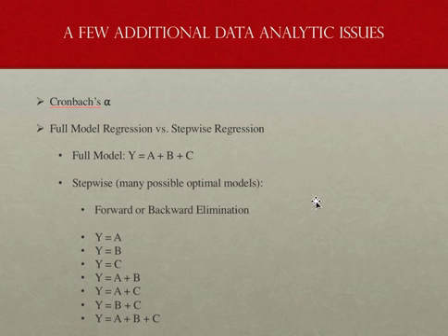The idea basically is that your R squared, how much variance is explained by your model, is always going to get higher if you add more variables. But the tension is, how much more explanatory power do you gain by adding more predictors?